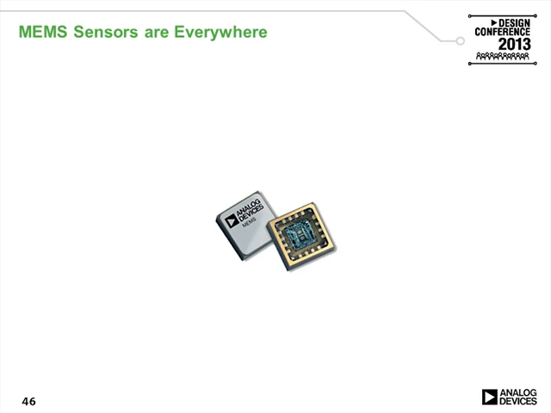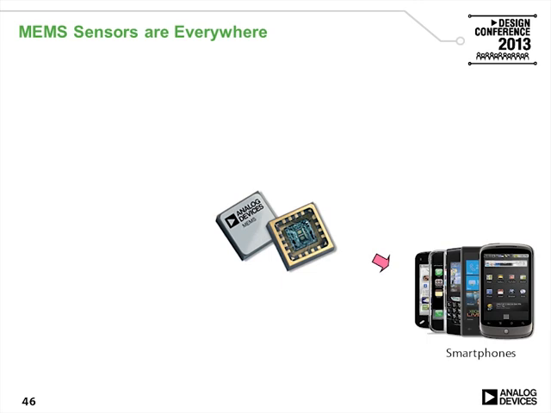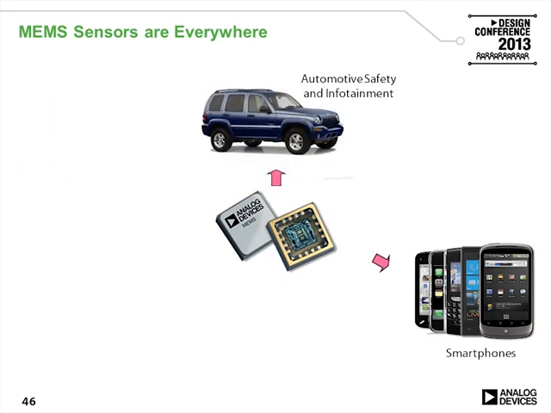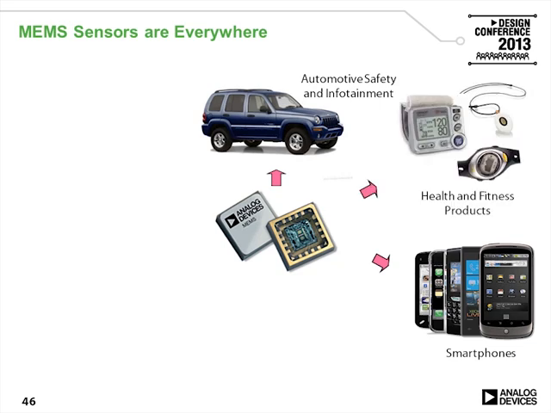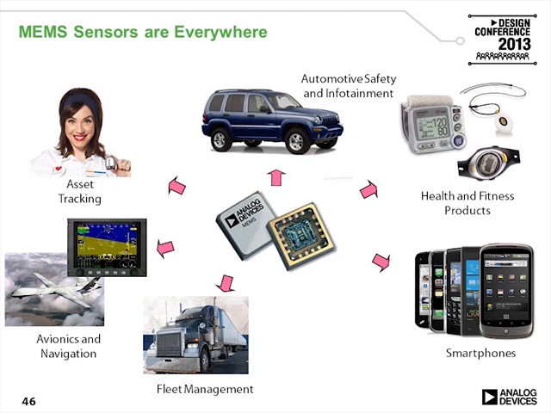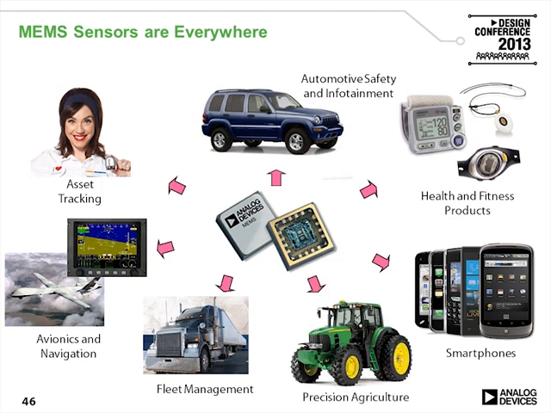MEMS sensors today are everywhere. They're in applications and devices ranging from cell phones to automotive applications, both for safety and for infotainment, to medical devices, health and fitness products, to asset tracking, military applications like avionics and navigation, industrial applications like fleet management and precision agriculture.